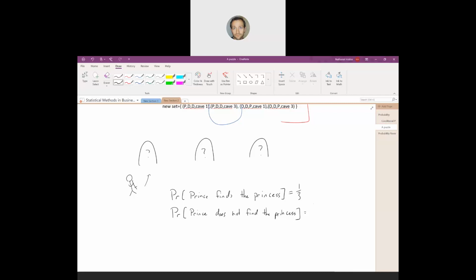Two-thirds. Perfect. Because these are two disjoint events, right? I mean, he can either find or not find, and this whole thing has to equal 1. You have a third here, therefore he doesn't find her with 2/3 there.